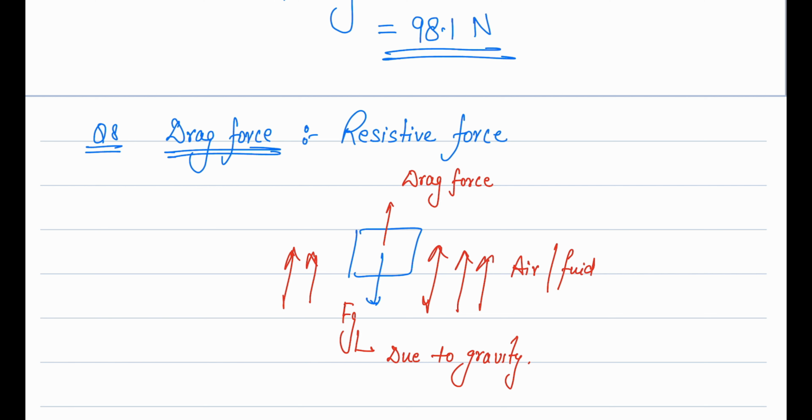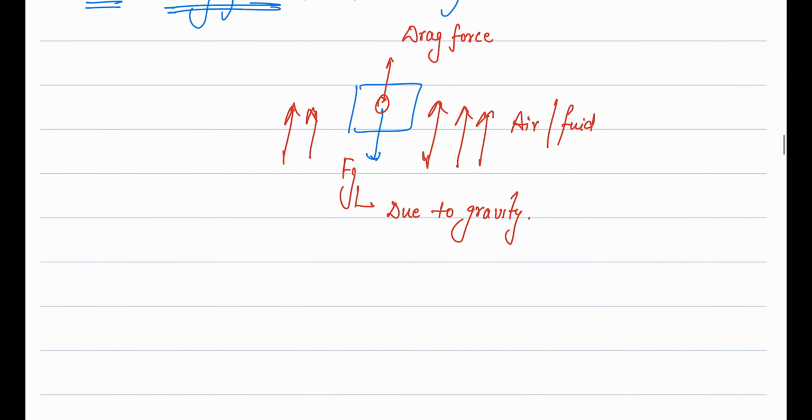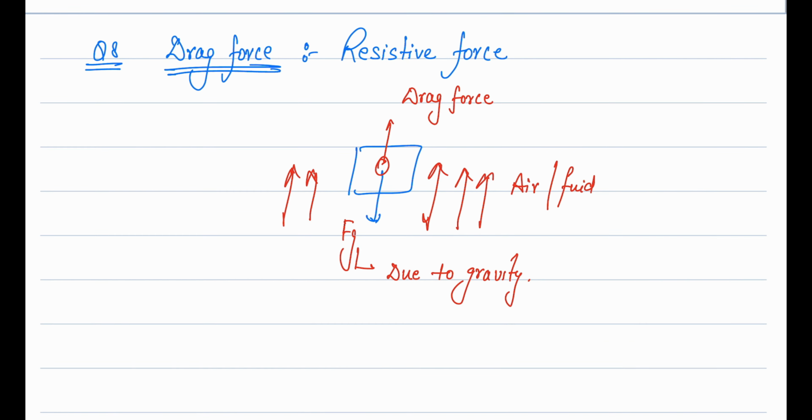Do you understand? The two factors: one force is going up, one force is going down. Clear? Okay. So now there are some factors. In this, you need to understand a few other things also.